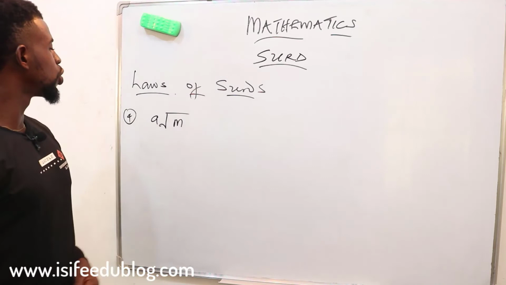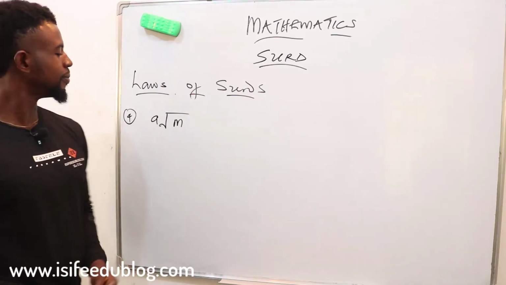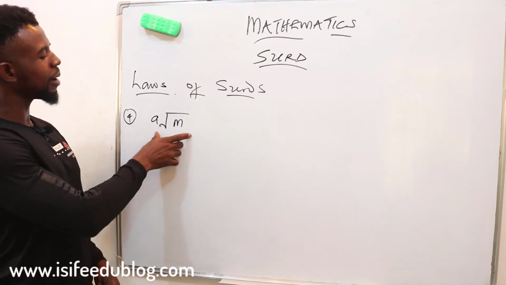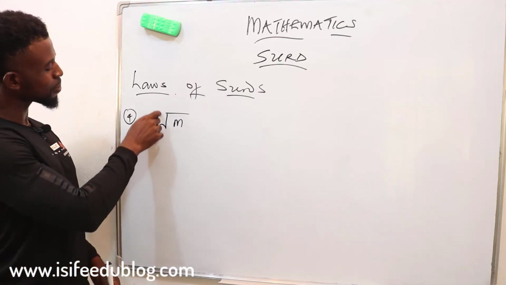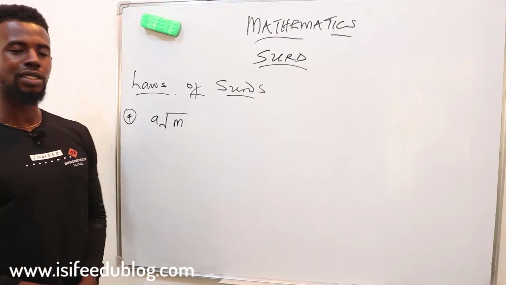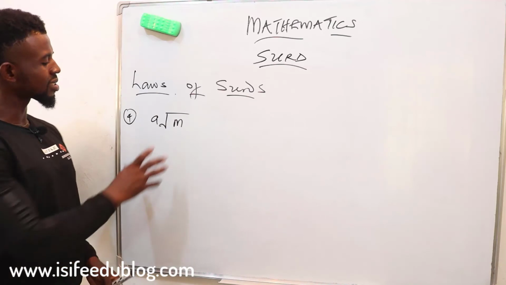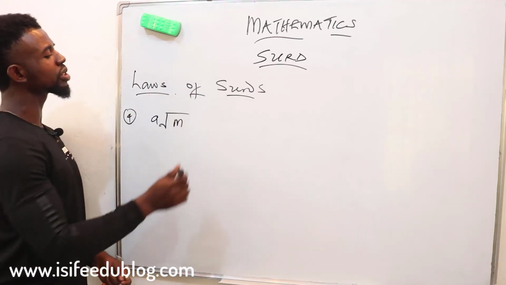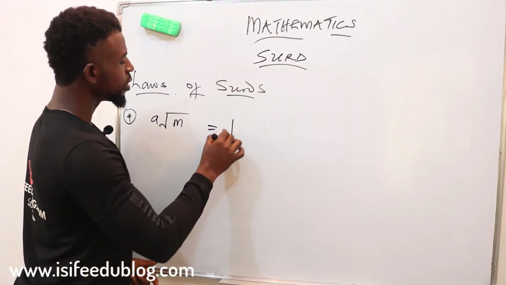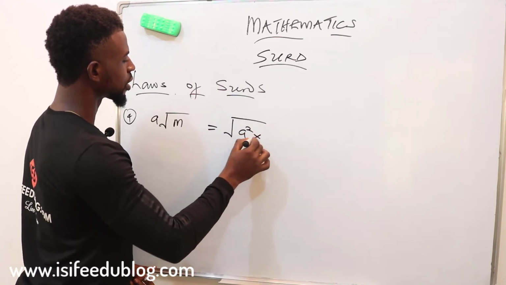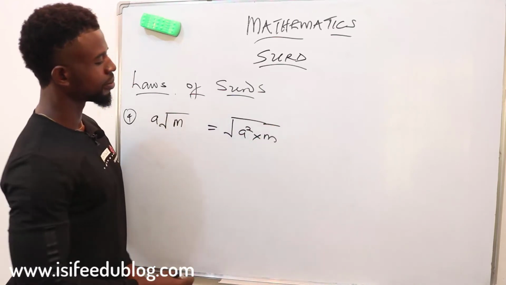Alright, now our fourth rule. Now let's look at this rule carefully. It tells us that a root m, remember we said that the a part is our coefficient, can be rewritten to be root a squared times m.